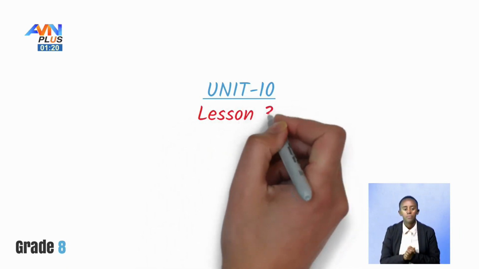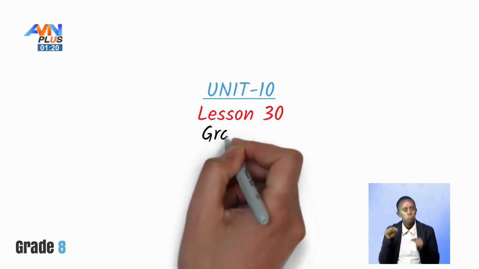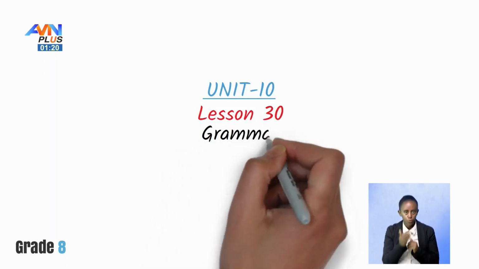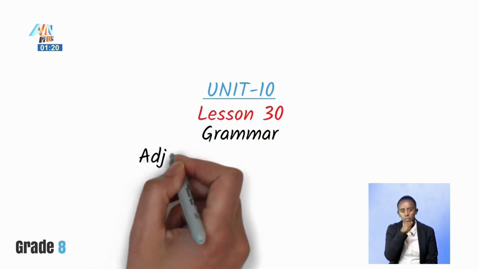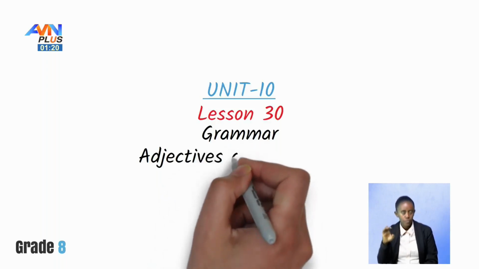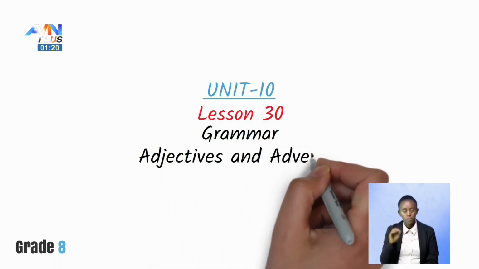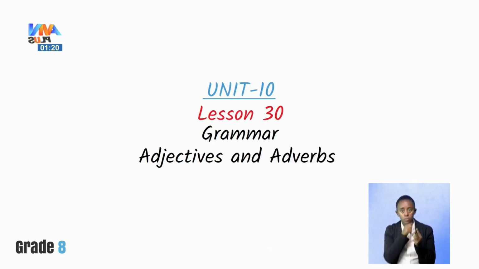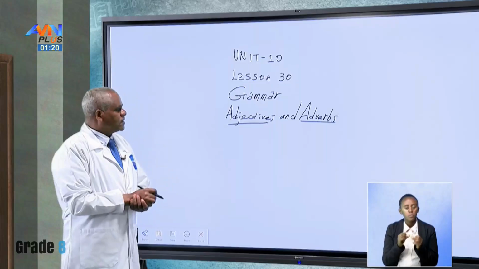This is the grammar part. What kind of grammar are we going to see today? Very good. We are going to see adjectives and adverbs. Interesting. We are going to go into detailed information about this issue.